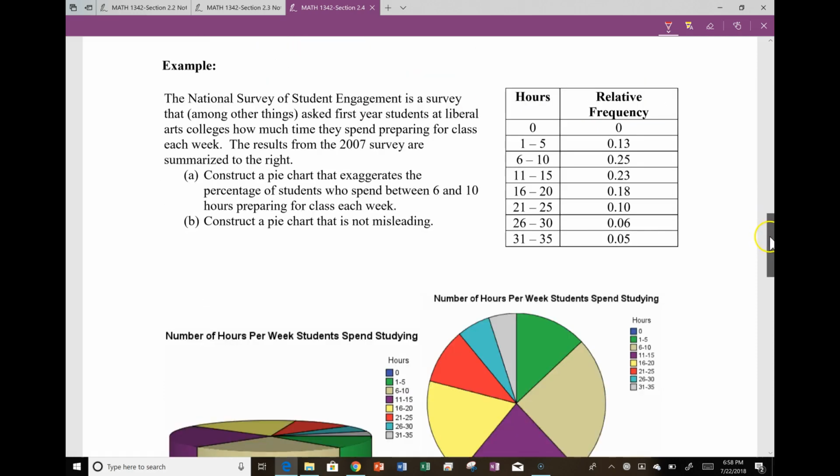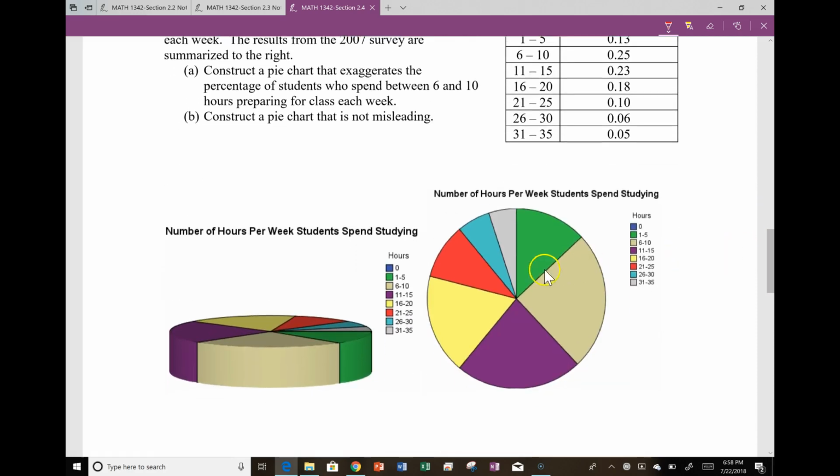Another thing that we need to look at is pie charts. You have to be careful because with this one, you can't see a lot of it, okay? This piece right here looks massively larger than this green piece or this purple piece, because we're seeing the side of the pie as well.